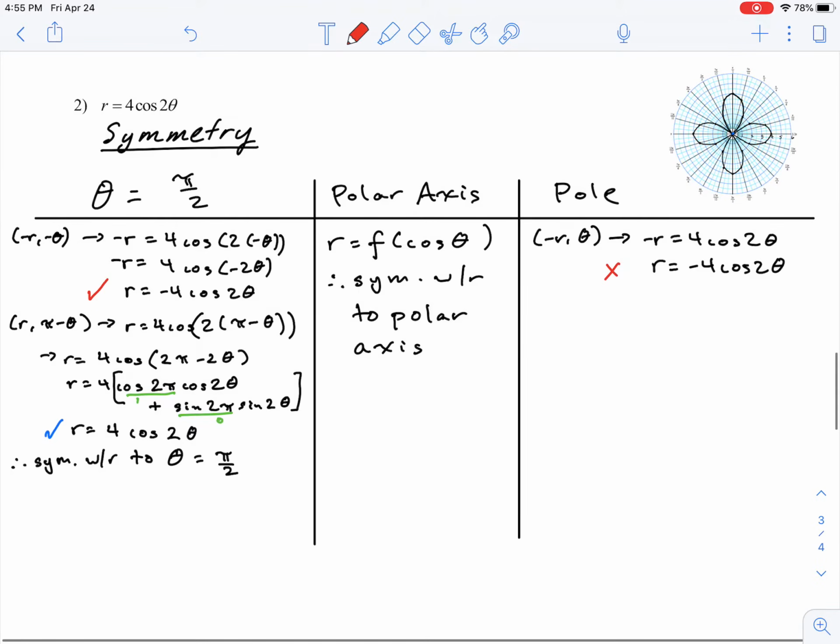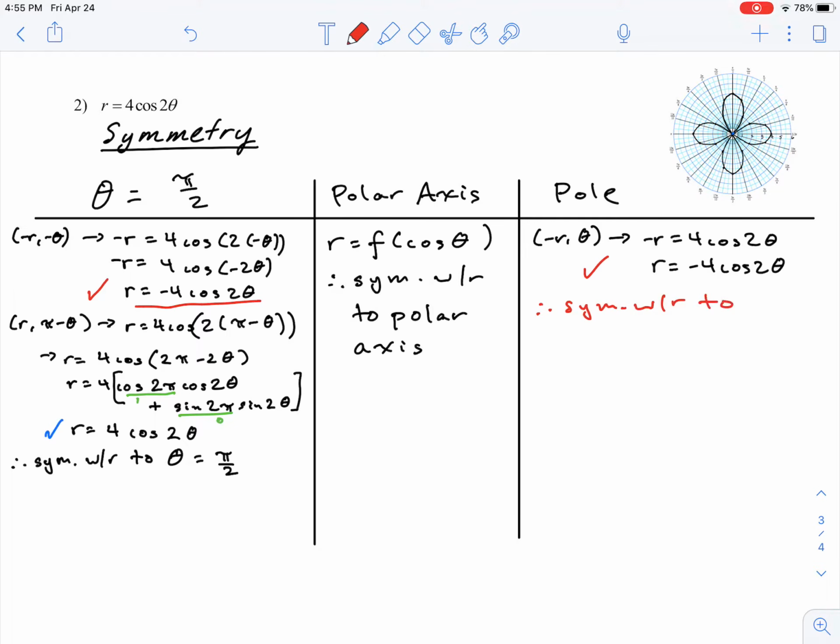But keep in mind what we did. We can actually leverage what we just did in the last part. We said that r equals negative 4 cosine 2 theta is an equivalent equation, and we showed the work why, right underneath, that they are indeed equivalent equations. So it turns out this is an equivalent equation. Therefore, we can say it's symmetric with respect to the pole. Excuse me, not pi over 2. What we were doing is checking for the pole here.